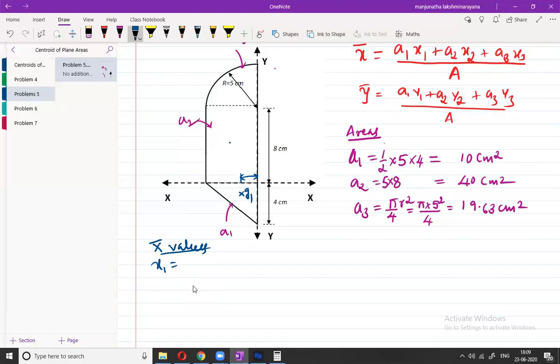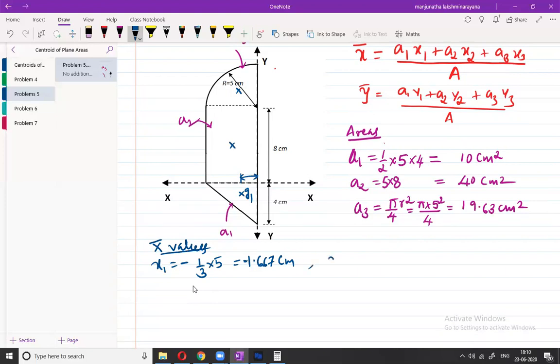You can notice here that all centroidal distances in the x direction are lying on the negative side, so all will have negatives. Minus, because it is from the base, it is 1/3 of 5, which is 1.6667 centimeter, negative.